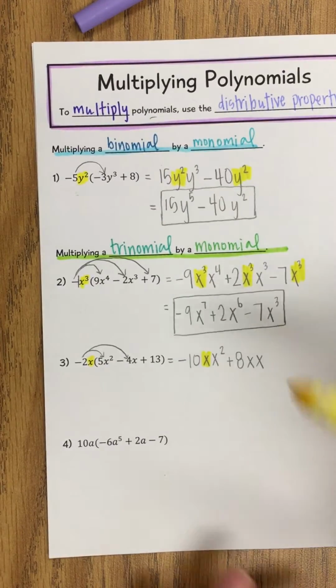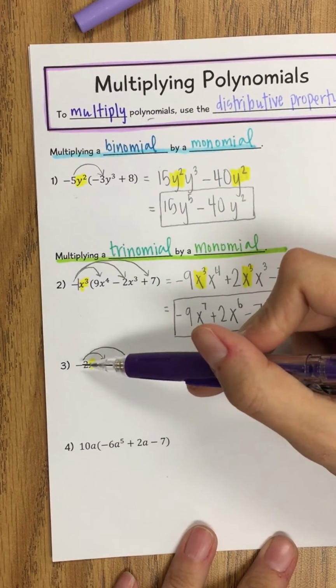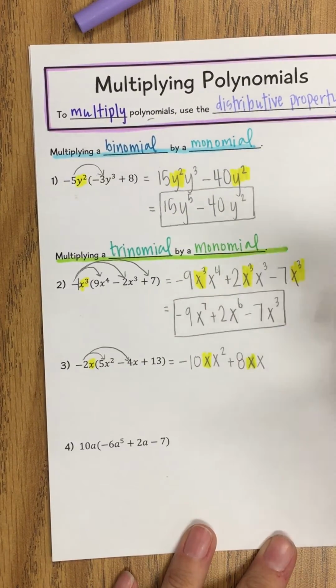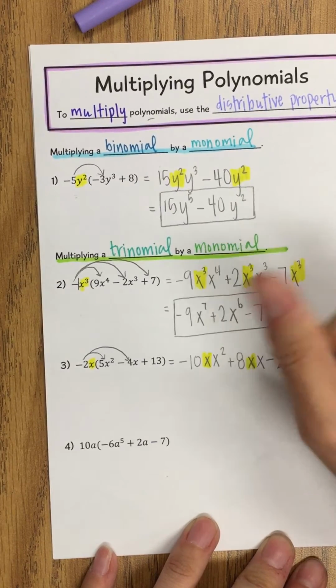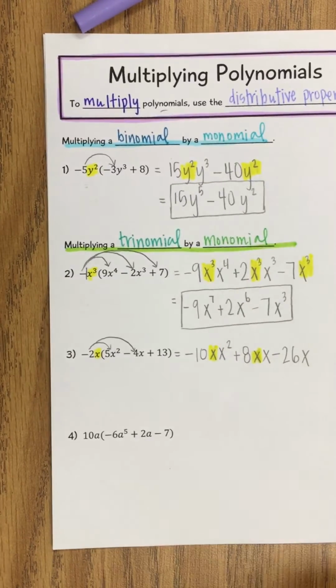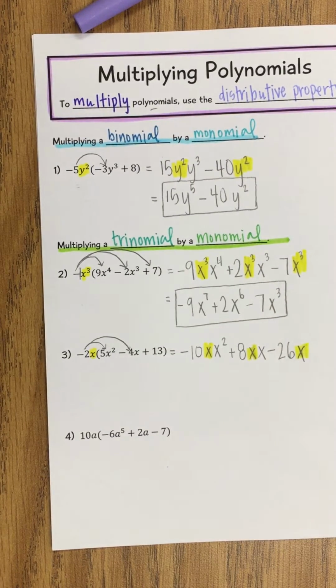So just to distinguish them, this one is the one that I multiplied in. And then my last term is going to be negative 2 times positive 13. That's going to go to negative 26. And then I have the x on that term as well. So these x's that I'm highlighting in yellow, those are the ones that I distributed in.